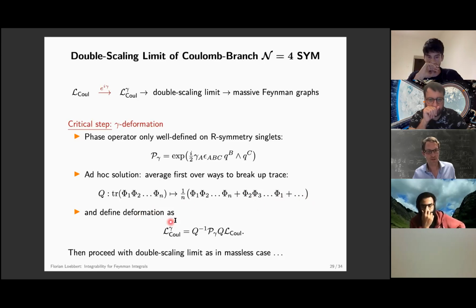So we introduce this Q here, and we now define the gamma deformed Coulomb branch theory by first acting with Q, then with the gamma deformation, and then closing the traces again. And then we proceed as in the massless double scaling limit and take these gamma parameters to i infinity and the coupling to 0 and find some other theories.